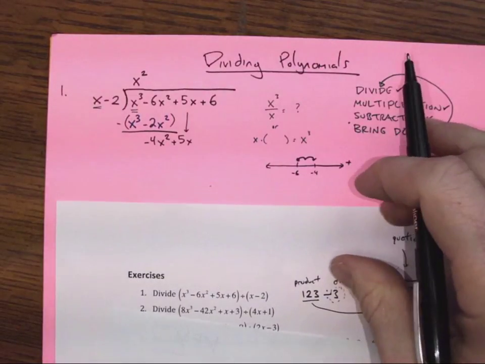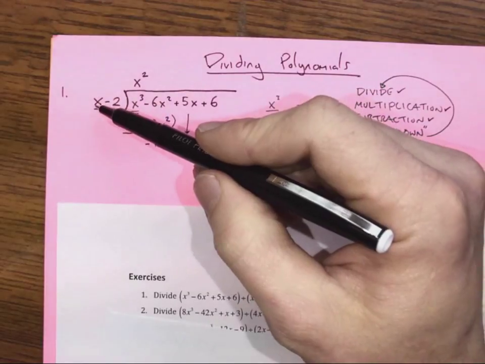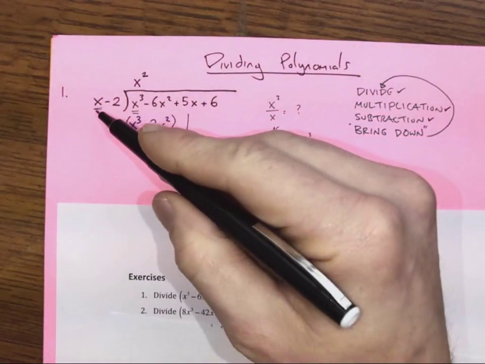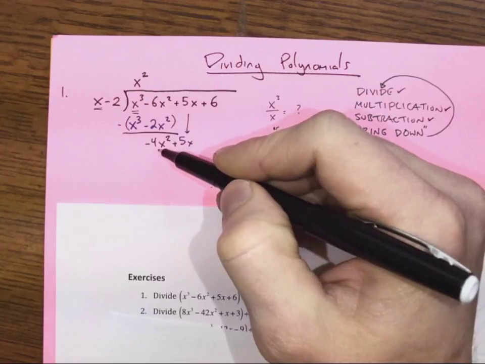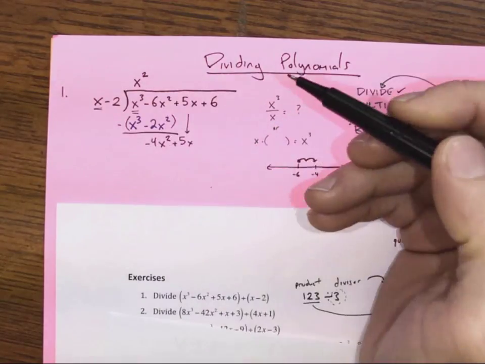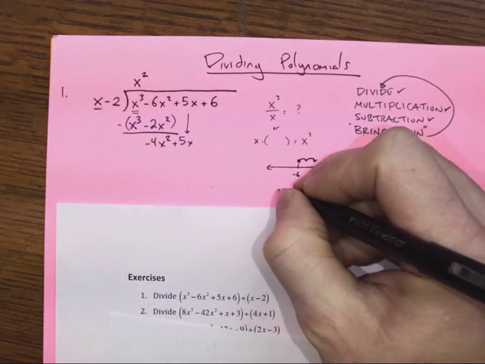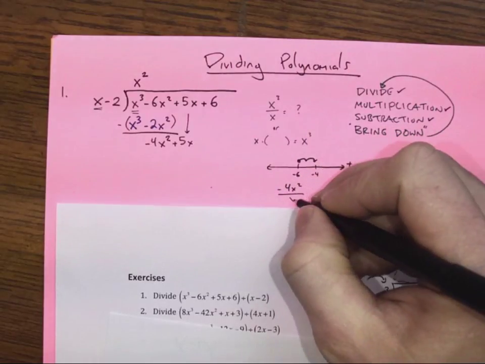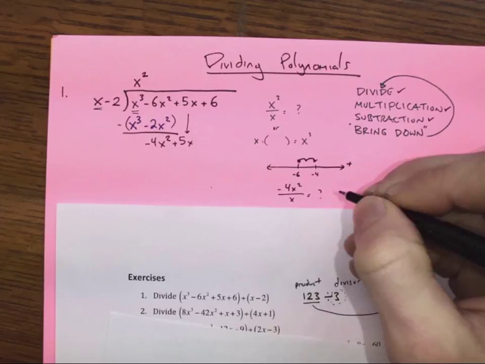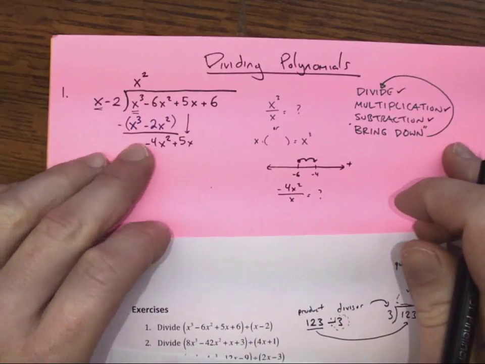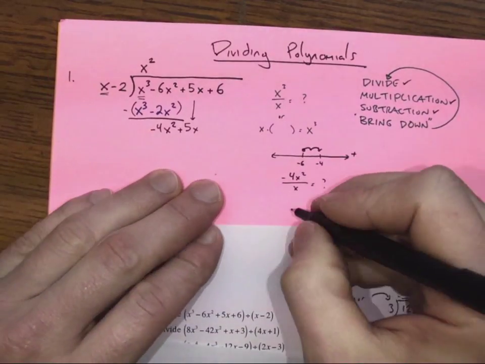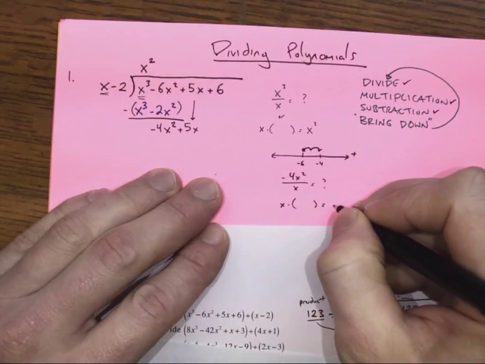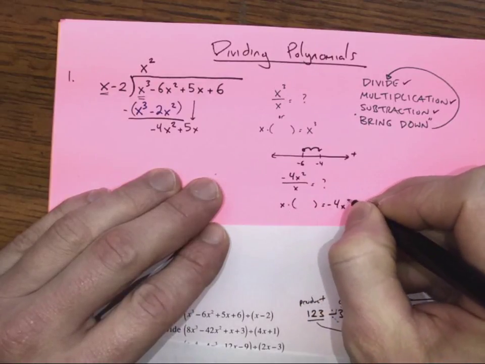So now we're asking a very similar question, but rather than ask how many times does x go into x cubed, we're asking how many times does x multiply into negative 4x squared. So you can think of that as a division. Negative 4x squared divided by x is equal to what? Which is really just another way of asking the question, x times what gives us negative 4x squared.